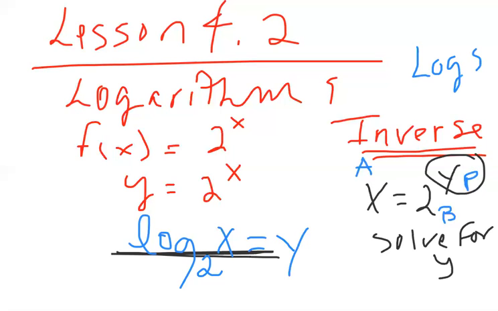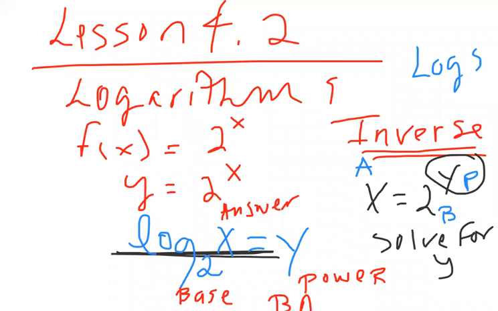So guys, here's the acronym, just in case, okay? 2 is the base. X is the answer. And then Y is the power. So the acronym is BAP. Base, answer, power. So we're gonna BAP the log.